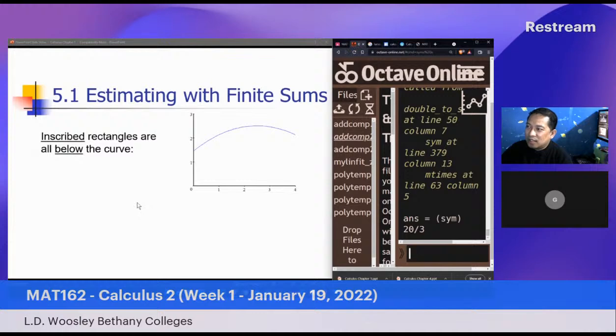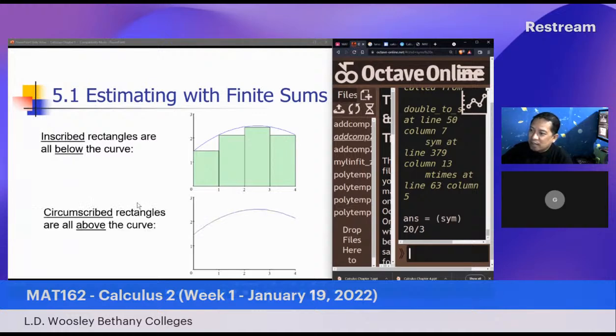So yan, inscribed rectangles are below the curve, estimating. So this is more of a left-hand method. Circumscribe naman, ito yung right-hand method kanina. Right pa kaliwa, kaya lumagpas.